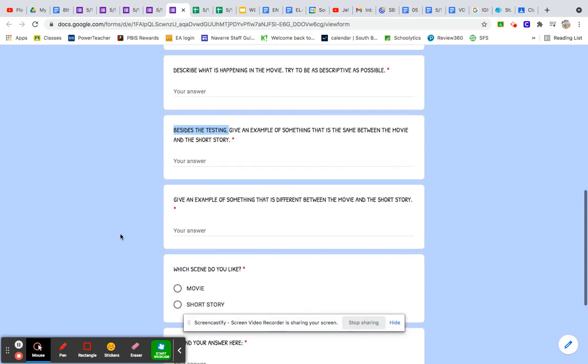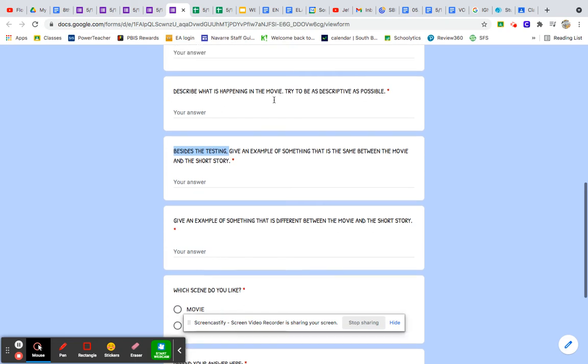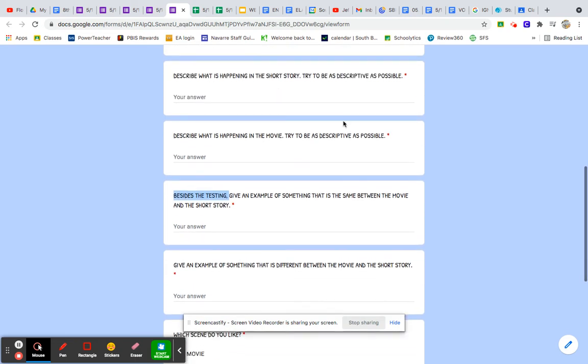And again, I am looking for details that you are providing up here in your first 2 questions, because this is building to your final project, which will be filling out a graphic organizer much like this. But you have to get really descriptive and really provide proof.